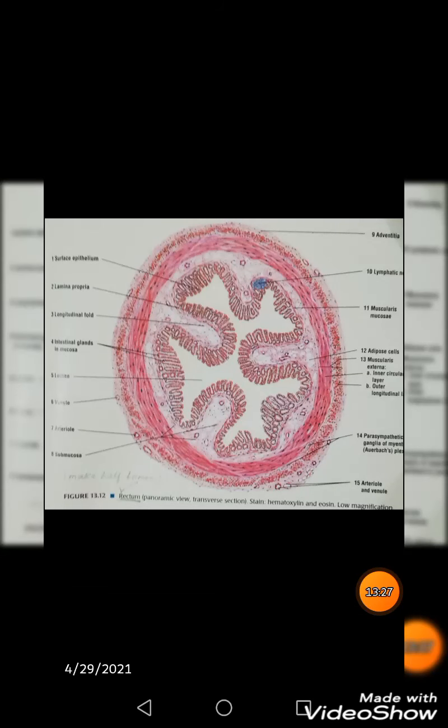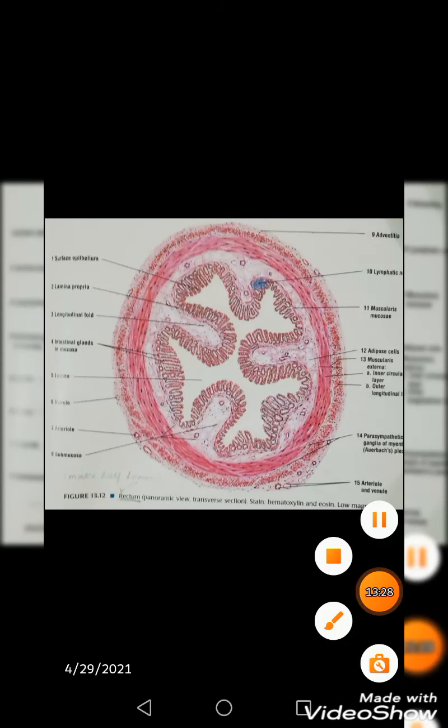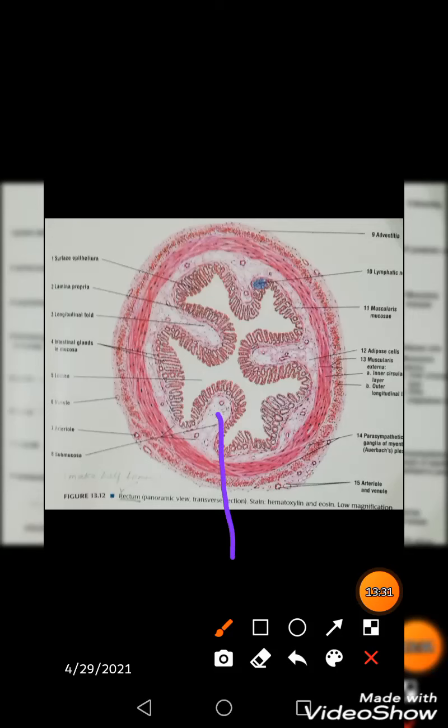Now we are looking into a histological section of the rectum. Rectum is showing mucosal folds which are permanent, and from the lumen towards the mucosa we can see simple tubular glands coming from the surface epithelium.